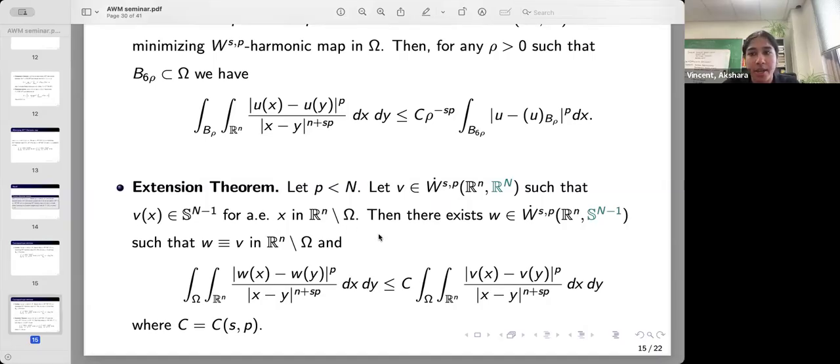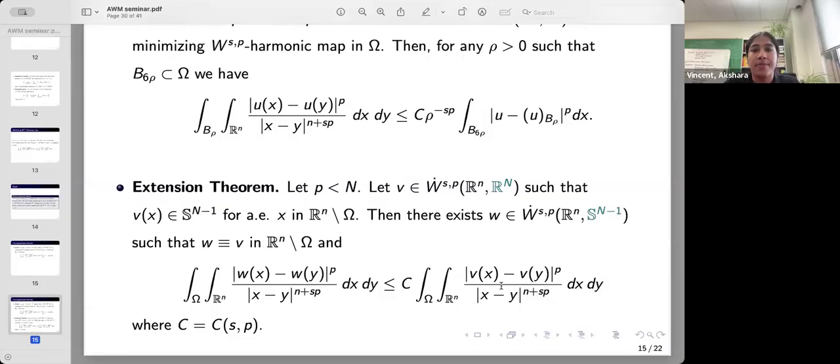Then there exists a function W which takes values in the manifold, and it has the same value as V outside the domain. And also the fractional energy of W is bounded above by the fractional energy of V up to a constant. This is necessary for us to prove the decay estimate, or the Caccioppoli estimate.